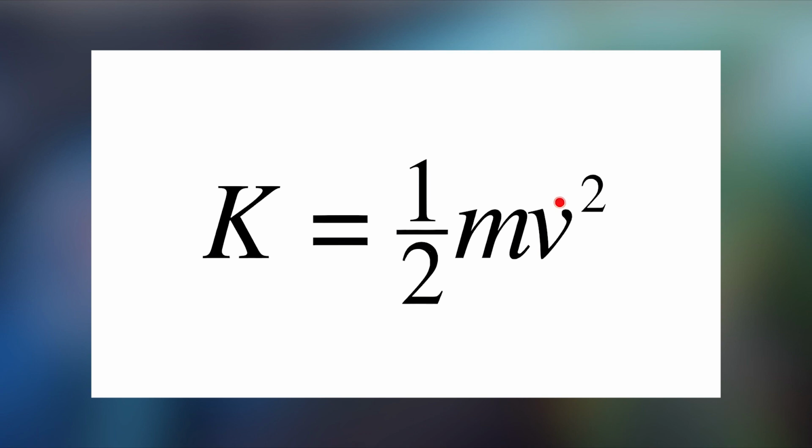However, in reality, there's no such thing as a truly perfectly elastic collision. It's an abstraction. Remember, the characterizing feature of a perfectly elastic collision is that none of the energy is converted to heat, sound, friction, or anything else. All of it goes from kinetic energy of one object to kinetic energy of the other object.